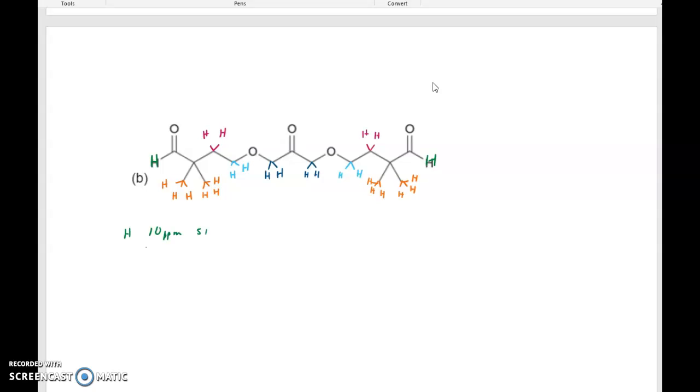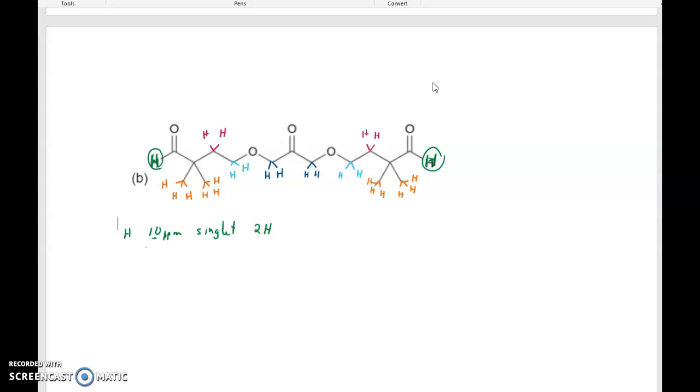It's a singlet, and will have 2 hydrogens, because there's one here at this end and there's one at the other end. And the reason this is downshifted so much is that it is an aldehyde.